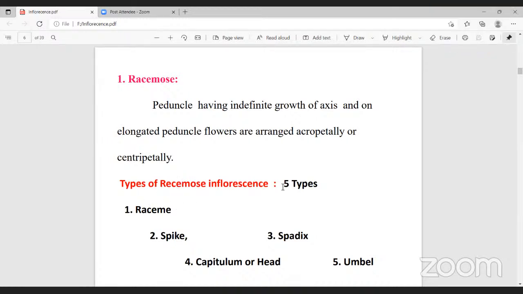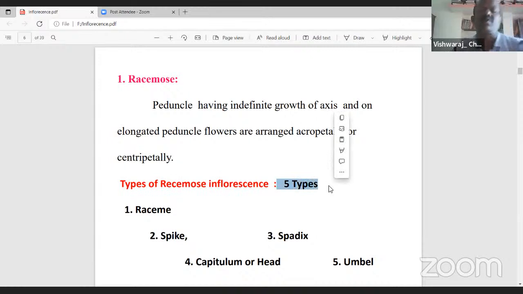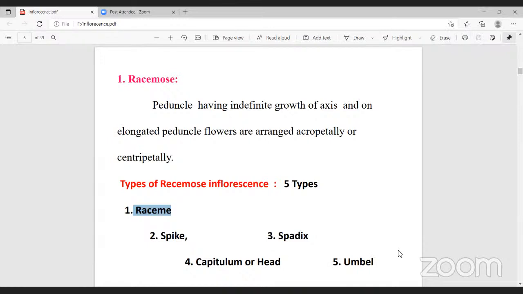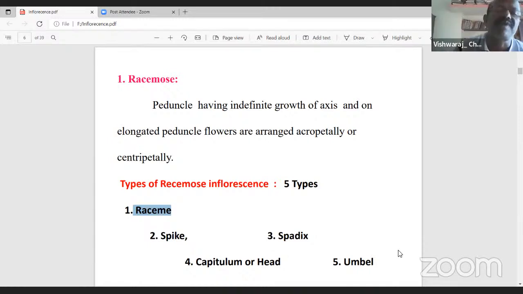There are 5 types of racemose inflorescence. Number 1, raceme. Second, spike. Third, spadix. Fourth, capitulum or head. And fifth, umbel.